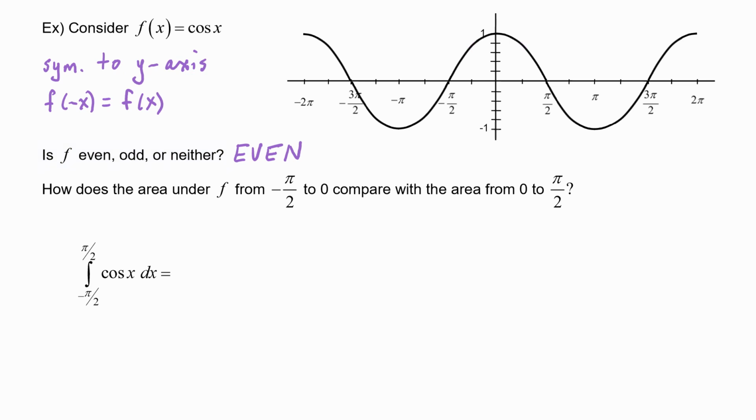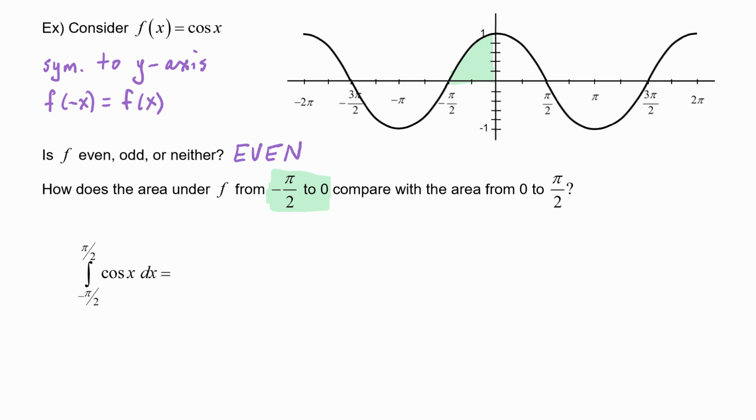The next question asks, how does the area under f from negative pi over 2 to 0 compare with the area from 0 to positive pi over 2? Well, if we look at these two areas, the first one from negative pi over 2 to 0, that would be here, this area.